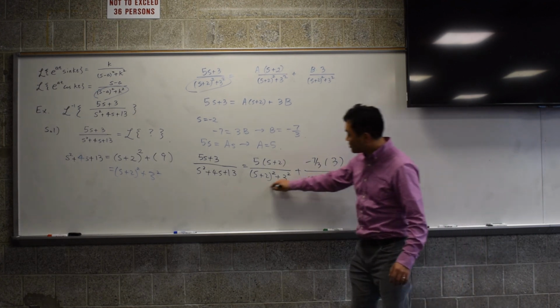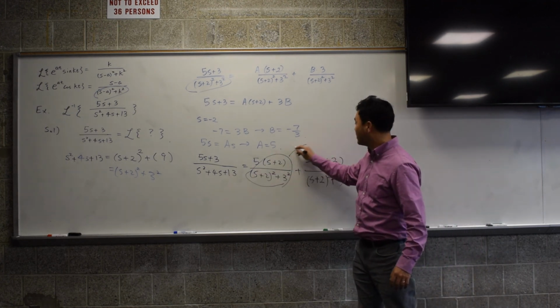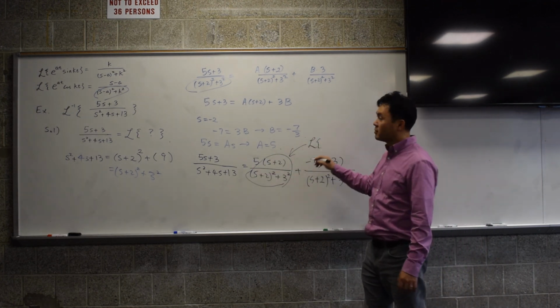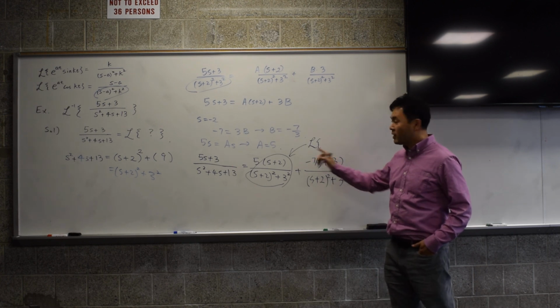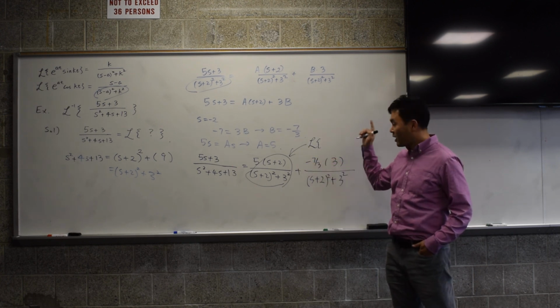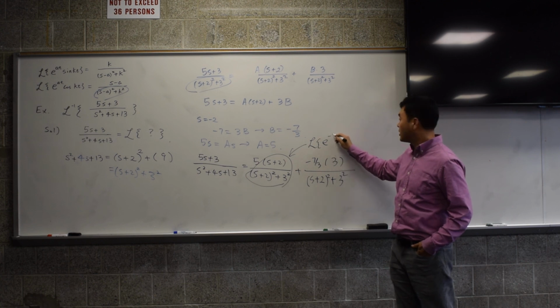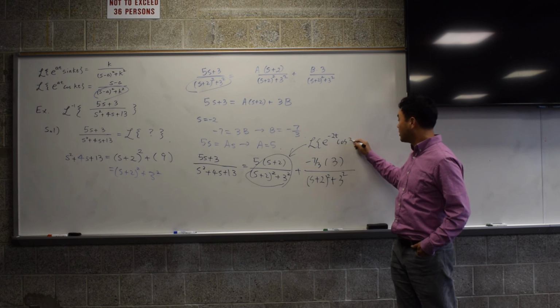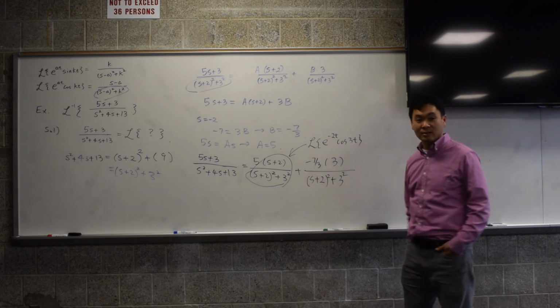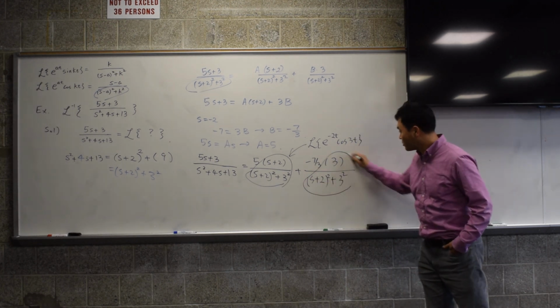And I know that this is a Laplace transform of what? Cos. A is negative 2 and k is 3. So what is it? e to the negative 2t cosine 3t. Right? What's this?